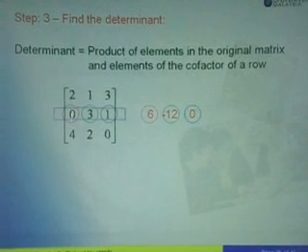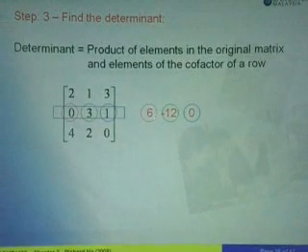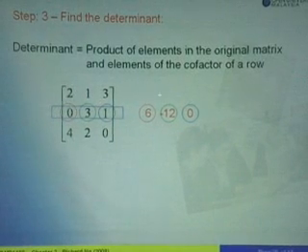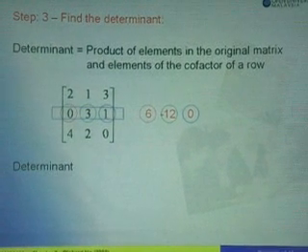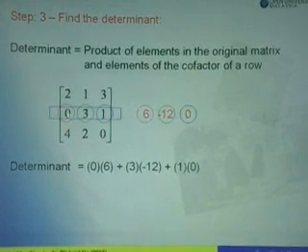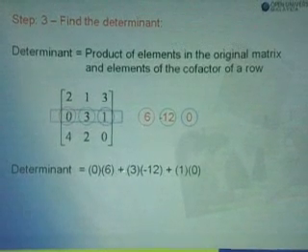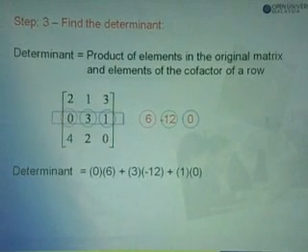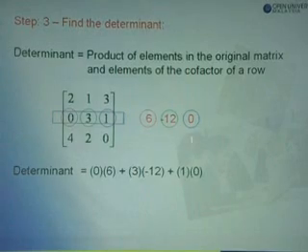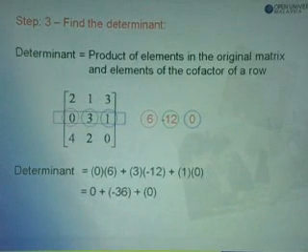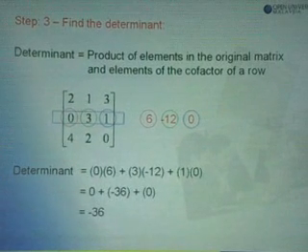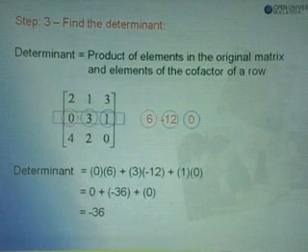We take the first element 0 times 6, and then 3 times negative 12, and 1 times 0. So the determinant equals 0 times 6 plus 3 times negative 12 plus 1 times 0. So the answer is 0 plus negative 36 plus 0 equals negative 36.